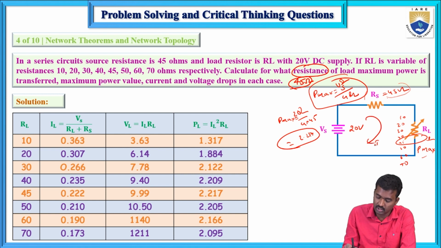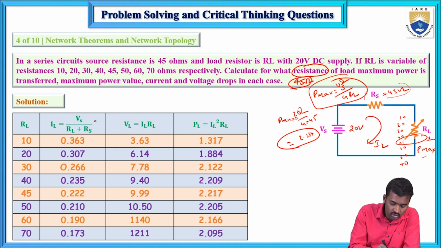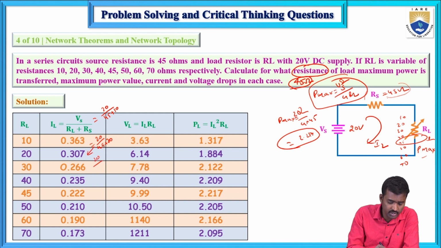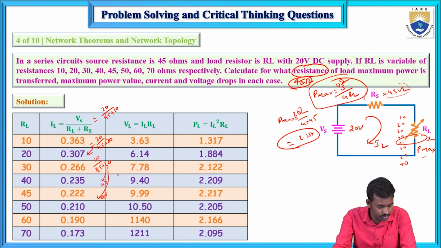In the simple equivalent circuit, that is IL, which is 20 divided by 45 plus RL. The source is fixed, and RL is changing. For 10 ohms that value equals 0.363. Next for 20, it is 20 by 45 plus 20, that is 0.307. Similarly for 30, 40 and 45, and at a 50 ohm resistor 0.210, at 60 ohms 0.190, and at 70 ohms 0.173.